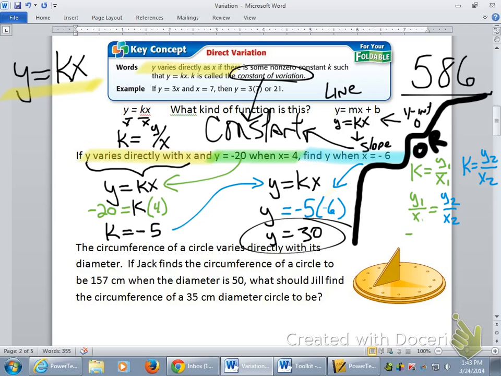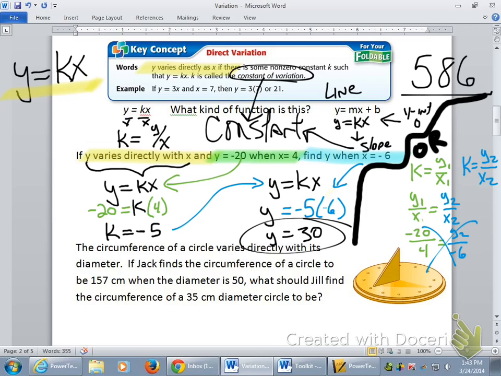y1 would be -20 over 4 is x1. And y2, I don't know y2, do I? But I do know x2 is -6. So y2 over -6. Is this easy enough to solve? I hope so. So I could just cross multiply.